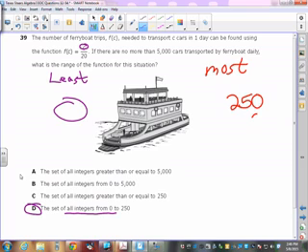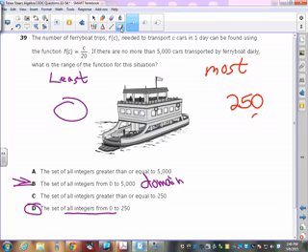Some folks might have thought this is the case, but that's not the range, that is the domain. Remember, domain is the independent variable. It's kind of like the x. That's what you plug into the function. That's your inputs. The range is like your y number. It's the outputs. So that's why we have to have this number here.